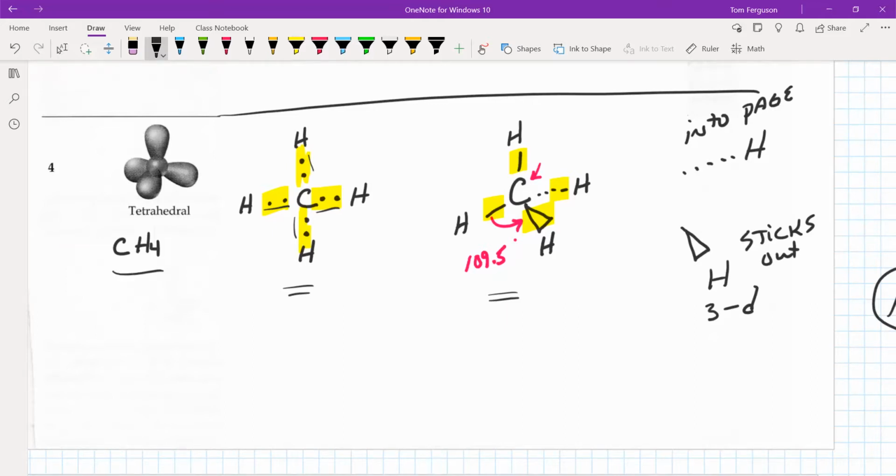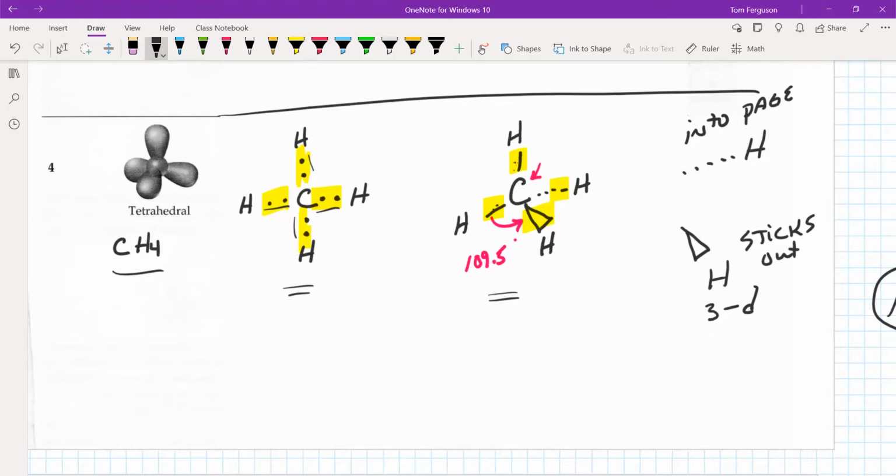However, the best way we can represent those 4 groups of electrons in 3-dimensional space is not putting them on a 2-dimensional plane, but putting them in a 3-dimensional sphere. And what it looks like is like a pyramid. Now, I'm not talking about the hydrogen, I'm talking about electrons now. We're going to put 2 of the electron groups on a flat plane.